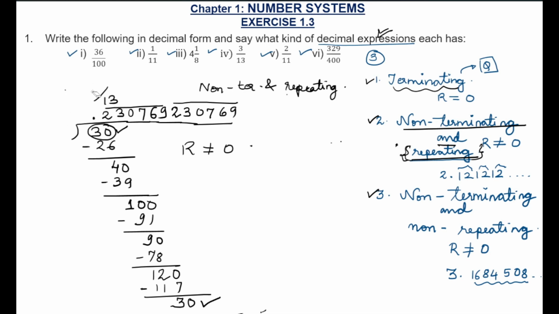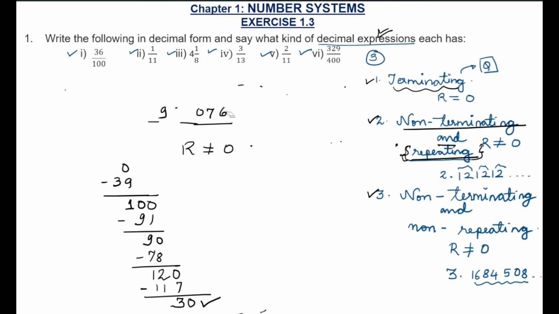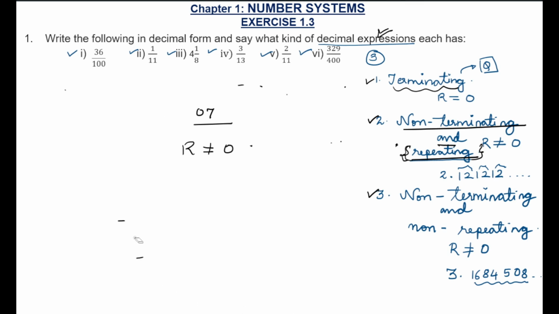Let us solve question number 5 now. Question number 5 is 2 divided by 11. Now let us quickly divide 2 by 11.